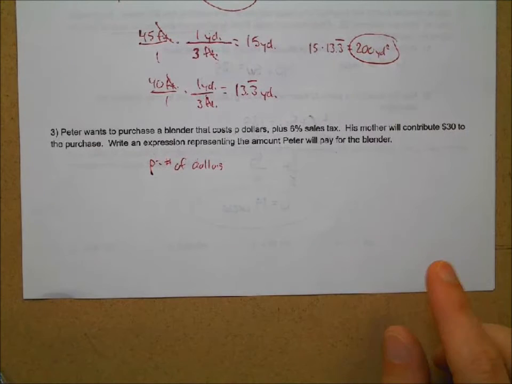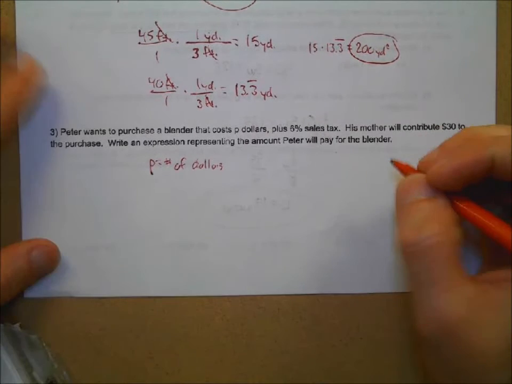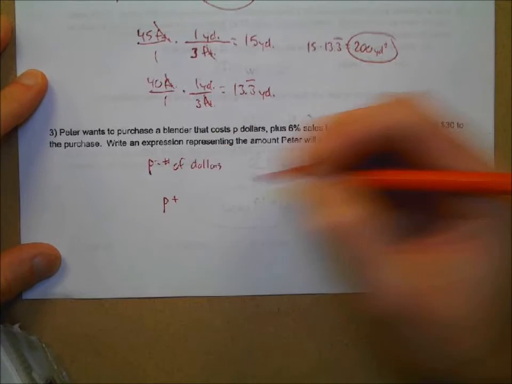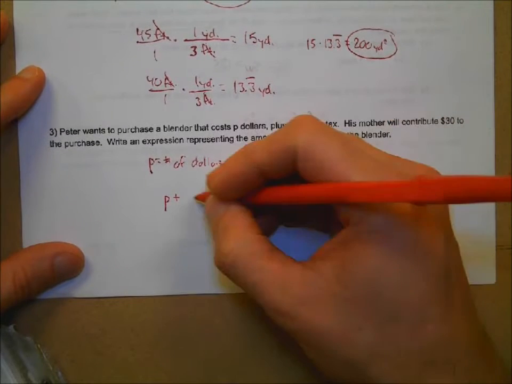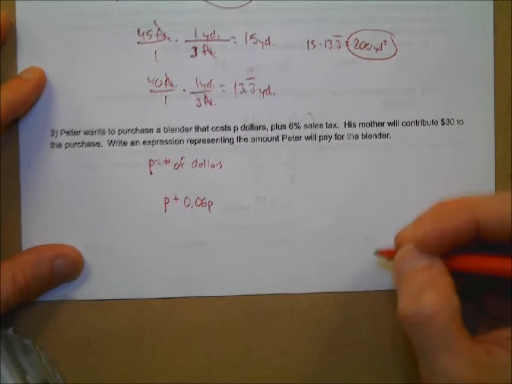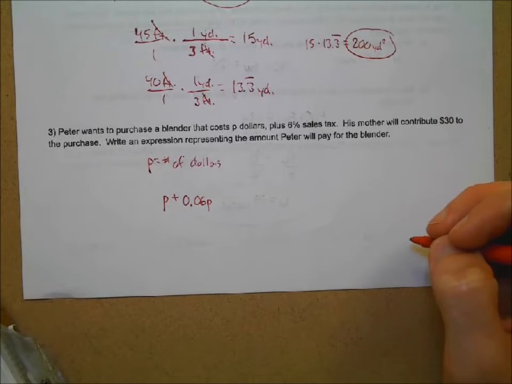Let's go to Sky. What do you think here? How much is the blender going to cost again? P. But then we have to add sales tax to that. So we'll say plus and then what? 0.06p. That's exactly right. But then his mom's going to contribute $30, so how does that affect how much he's going to pay? Subtract 30. You got it. Good job.